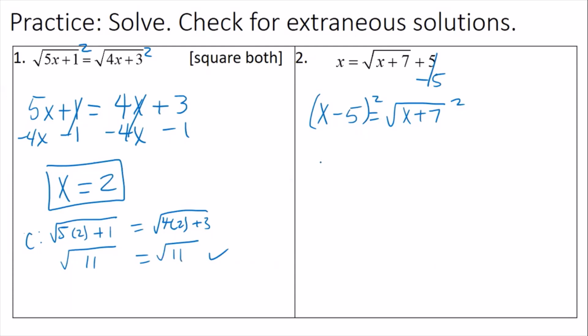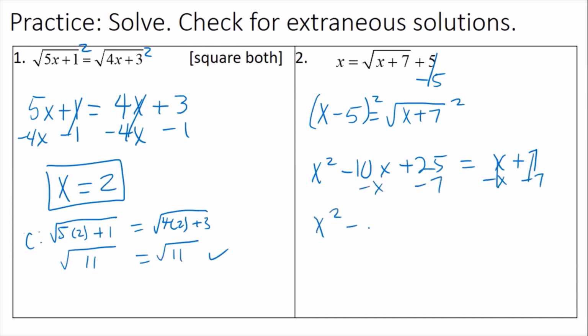So x squared is x squared. Negative 5 doubled is negative 10x. Negative 5 squared is positive 25. And that leaves me with x plus 7. I'm going to combine like terms. And we have x squared minus 11x plus 18 equals 0.